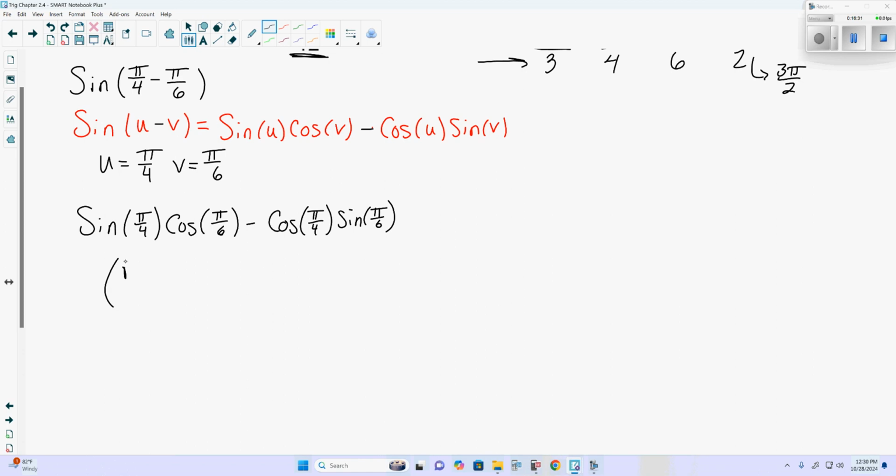Now, sine of pi over 4 on the unit circle is square root of 2 over 2. Cosine of pi over 6 is square root of 3 over 2. Minus cosine of pi over 4 is square root of 2 over 2. Sine of pi over 6 is 1/2.